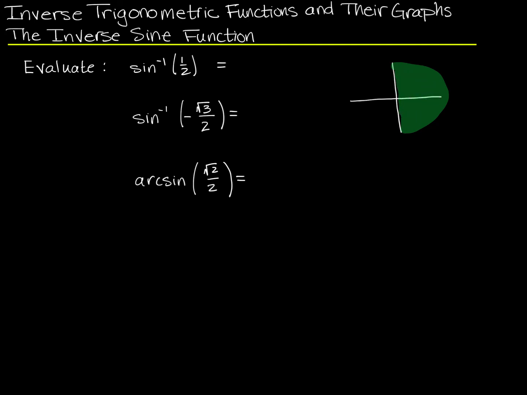This is the region from which I can take angles to answer all of these questions. Okay, so I'll grab my pen here. This is -π/2 to π/2. I have to be somewhere in this range of values, somewhere in this window, if you will. I'll go ahead and label these -π/2, +π/2, and 0.